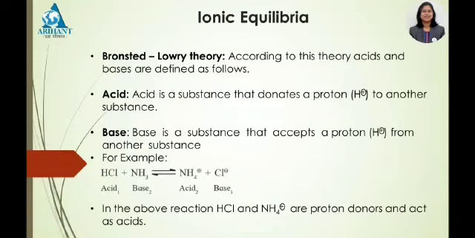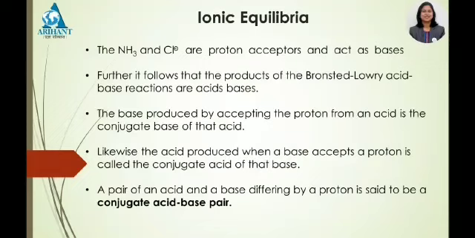In the above reaction, HCl and NH4 are proton donors and act as acids. They have a proton, they can donate a proton. So they are proton donors. NH3 and Cl are proton acceptors and act as bases.